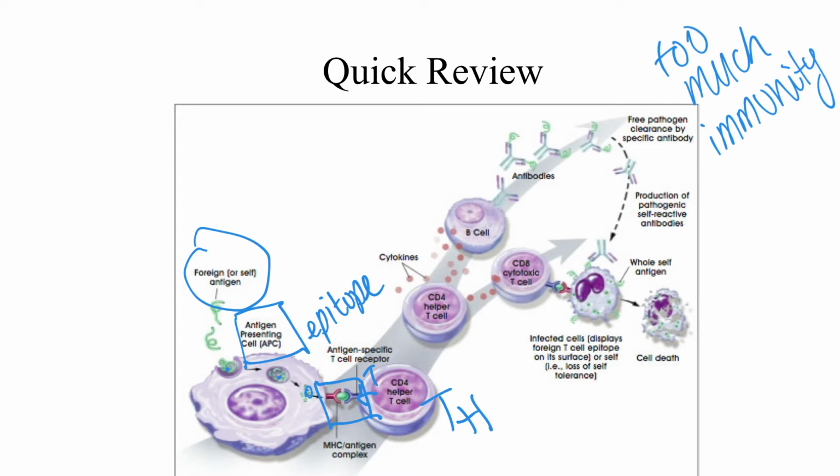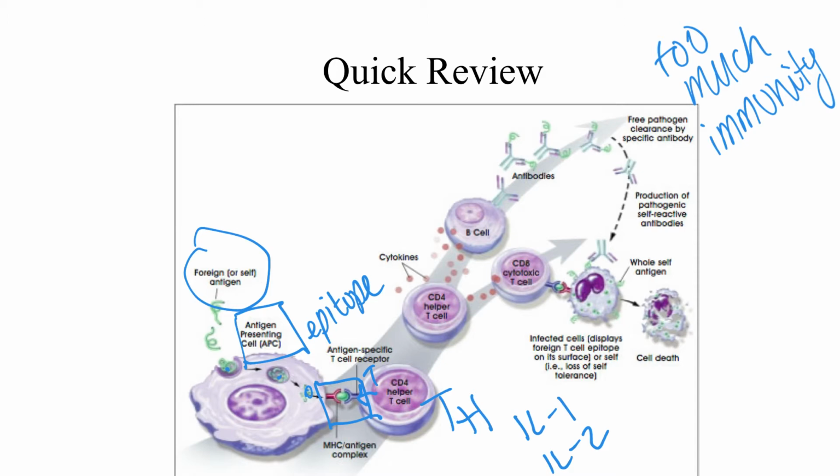Those two things engage in a binding interaction, and in response to that, we have the release of cytokines like interleukin 1, interleukin 2, and those are released by the antigen-presenting cell and the T helper cell.